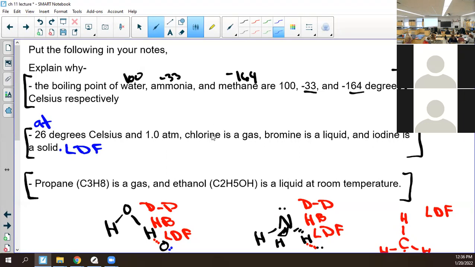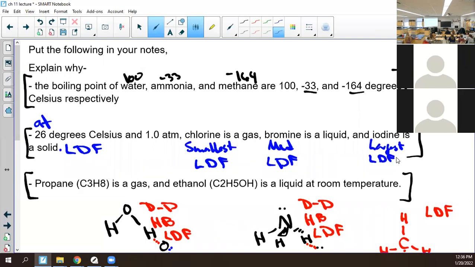So chlorine is a gas, which means it has the smallest LDF, bromine the mediumest, and iodine the largest LDF. You with me?